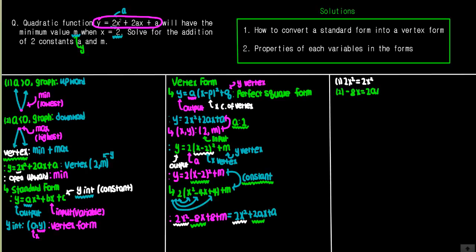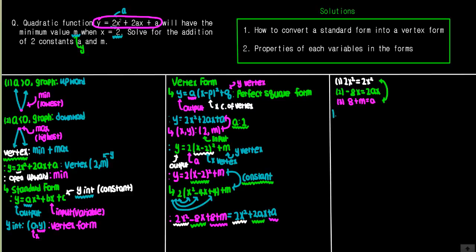The reason is because they both contain a first degree variable, which is just x in this case. So our third one is 8 plus m is equal to a. These three terms are the given information that is crucial when it comes to solving this question.